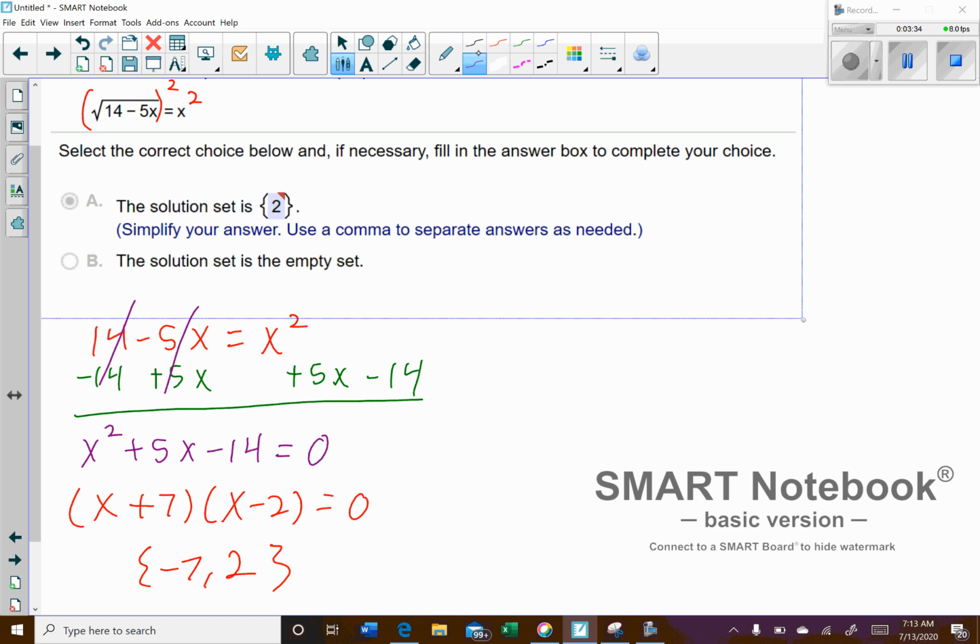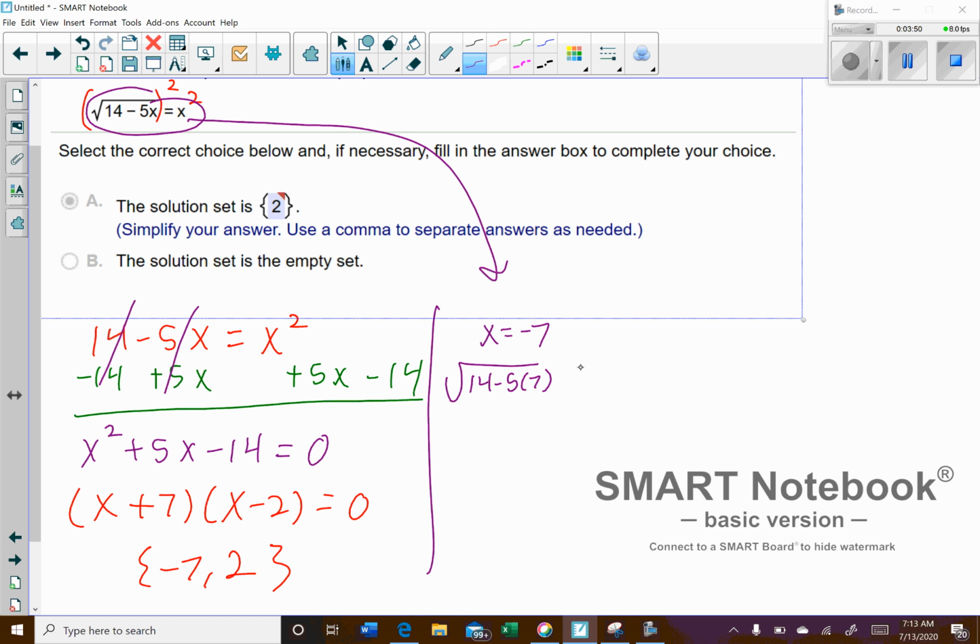So let's go ahead and check these. Let's see if x equals negative 7, and you always want to check it in the original one, so you want to plug it into the original. So we're going to have the square root of 14 minus 5 times negative 7 equals negative 7, and I'll put a question mark there because we're not sure.